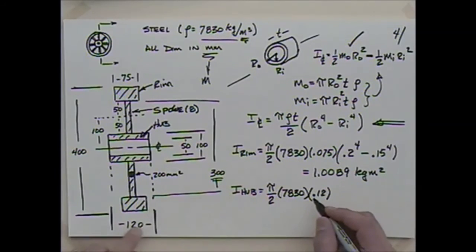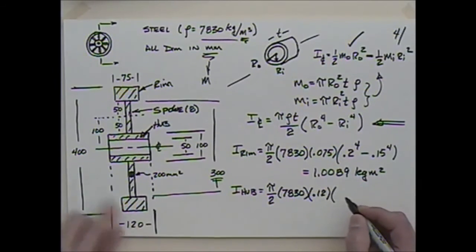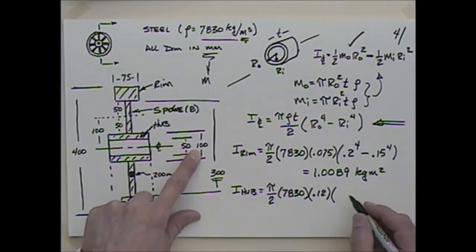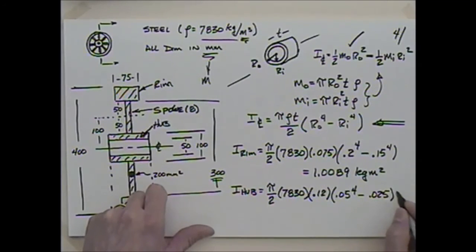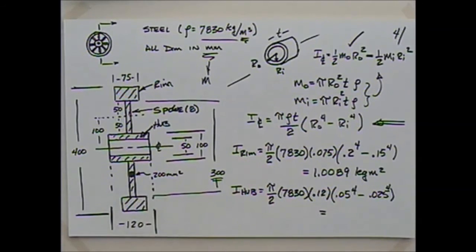Okay, so we've got that. Now we need the outside, which is going to be 100 divided by 2, 0.05, minus the inside, which is 50, so 0.025. So what does that turn out to be?